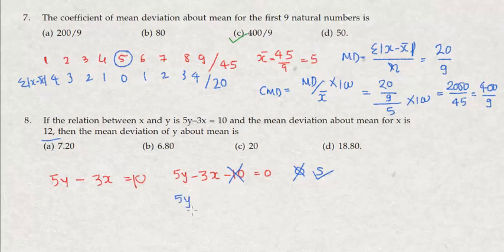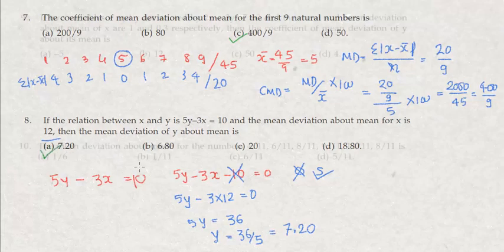So 5y minus 3 into 12 is equal to 0. So 5y is equal to 36. So y is going to be 36 by 5, which is nothing but 7.20. So in this case, our answer is A, 7.20.